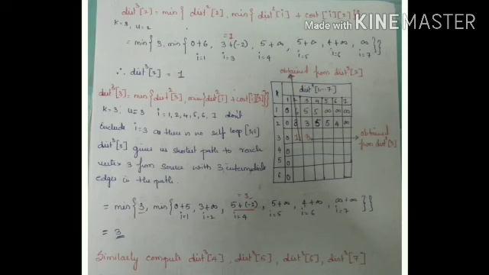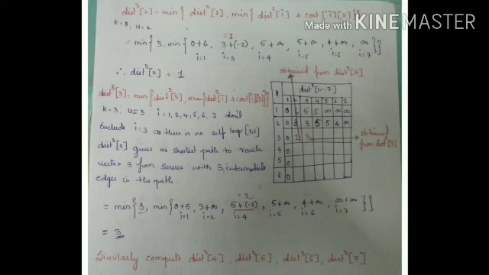And in the last step, you are supposed to compute the shortest path to all vertices from source vertex 1 with 6 intermediate edges in it. That is, you are supposed to compute dist of 2 raised to 6, dist of 3 raised to 6 and so on till dist of 7 raised to 6.